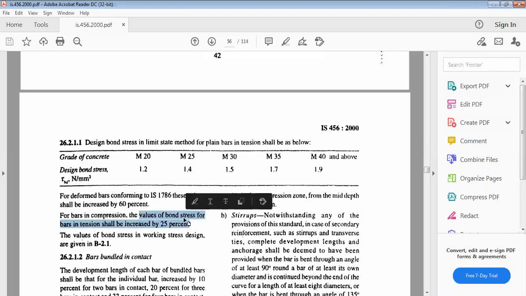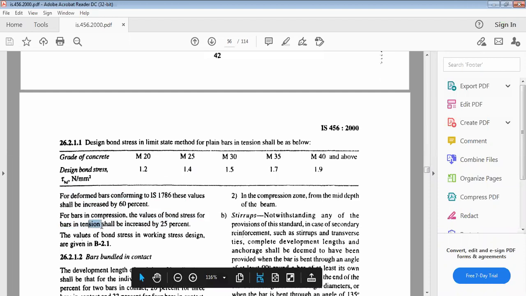For bars in compression, the values of the bond stress for bars in tension shall be increased by 25%. Right now we are designing the tension bar, so we will not be increasing. If the bar is in compression, then you have to increase the value of bond stress further by 25%.